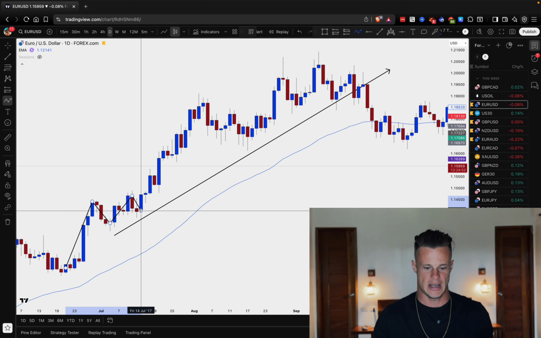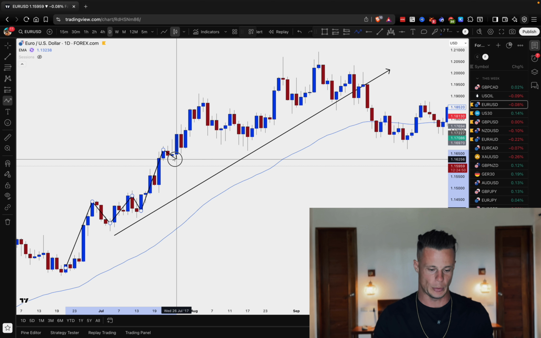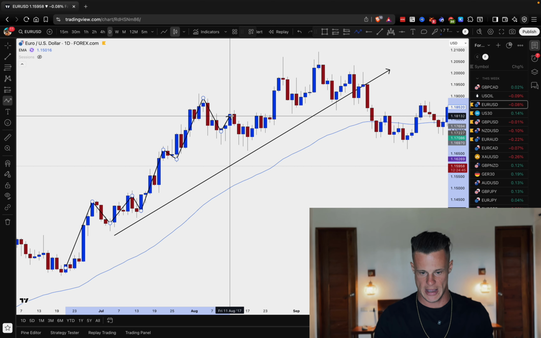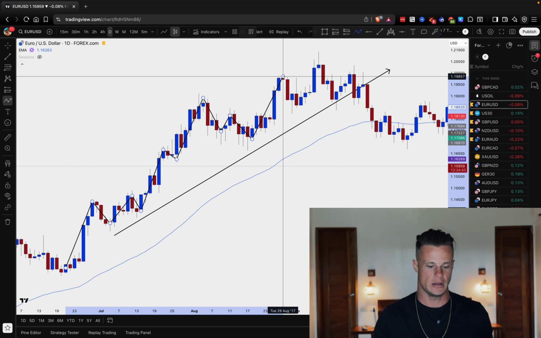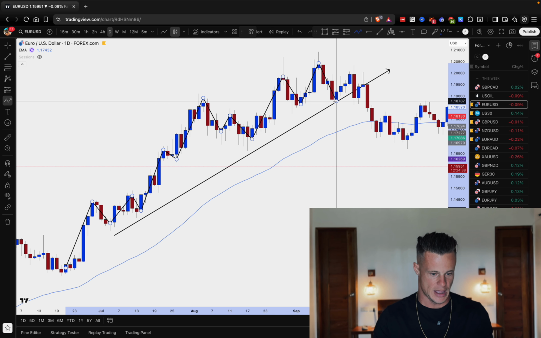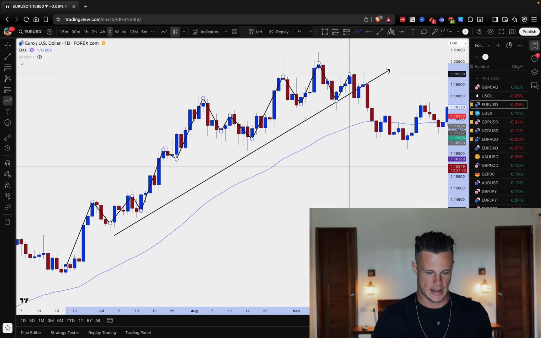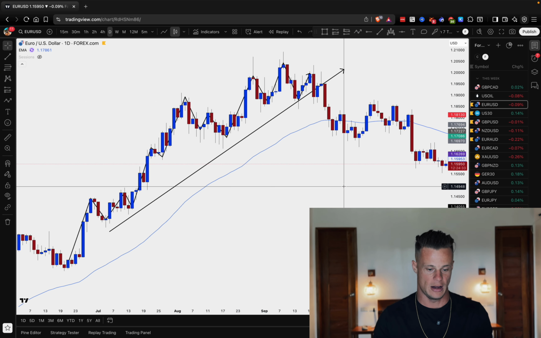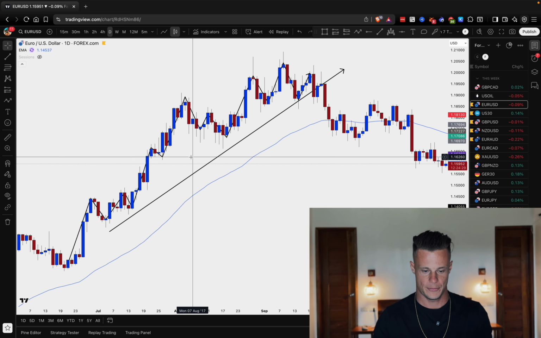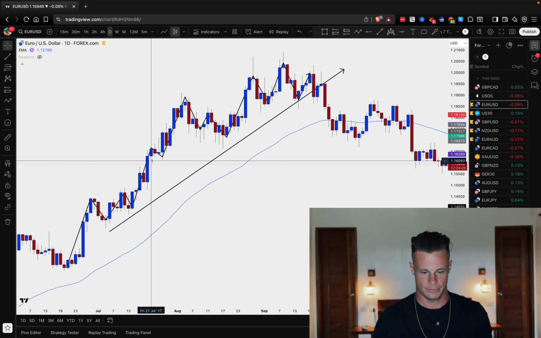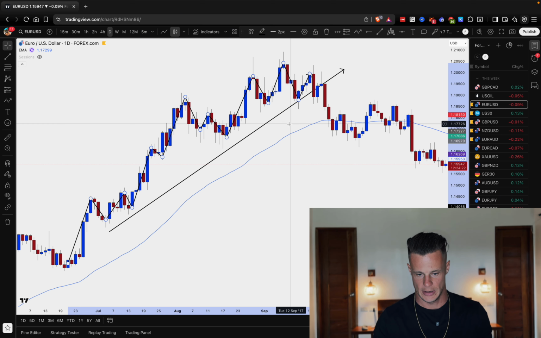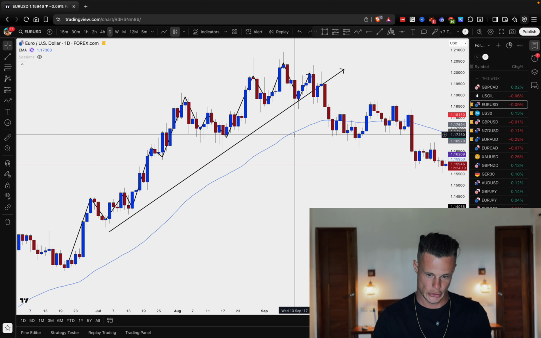What you can see now, obviously, if you're a complete beginner, or if you've been trading for a little while, when you look at this, you would say this is bullish structure, right? What do you have? You have higher high, higher low, higher high, higher low, higher high, higher low, and a higher low potentially.